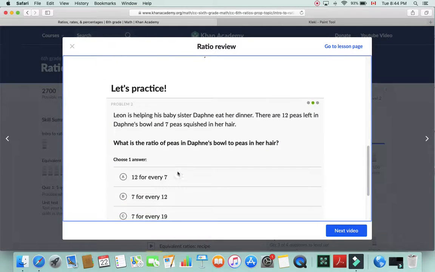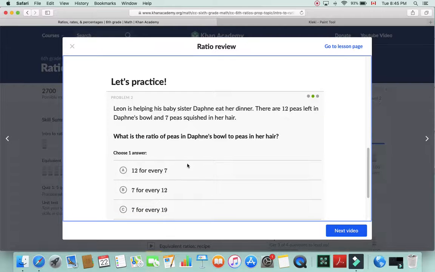Okay. Leon is helping his baby sister, Daphne, eat her dinner. There are 12 peas left in Daphne's bowl and 7 peas squished in her hair. What is the ratio of peas in Daphne's bowl to the peas in her hair?